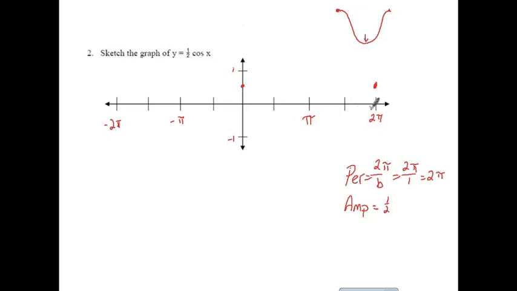So halfway between those is pi, and it's all the way down to the lowest point, which is normally -1, but our amplitude is 1/2. I'll color these blue so we can see them easily. So it's going to be at -1/2 this time. Okay. And halfway between the high and low has got to be right in the middle, so that's right there. Okay, do the same thing going backwards, go all the way over 2 pi.